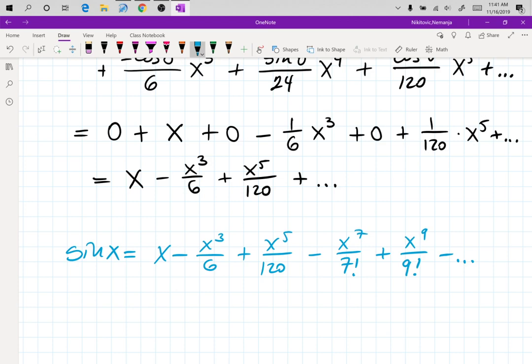So I'm going to actually switch now these two into 3 factorial and 5 factorial. And you would go, huh? You can write a polynomial instead of the trig function?